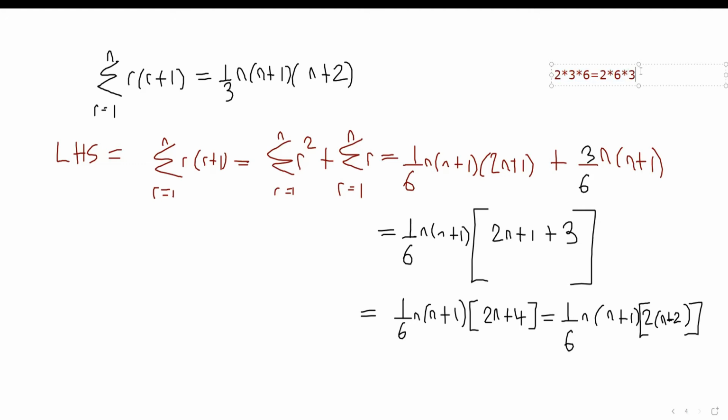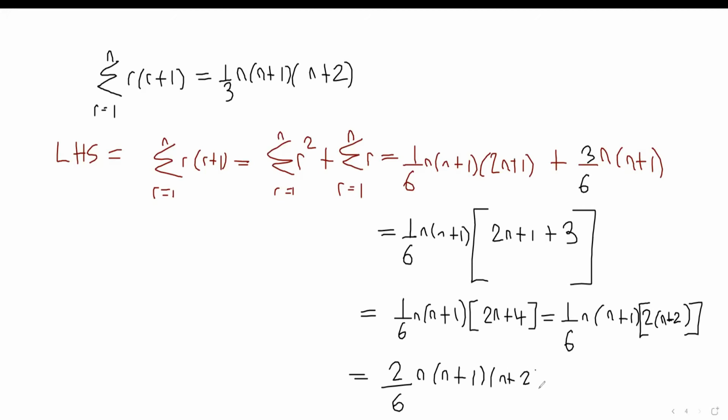So what does that mean? That means you see this 2 right here, I'm going to factor out this 2 and put it out here. So I write it as 2 over 6n times n plus 1, and now I'm just left with n plus 2.